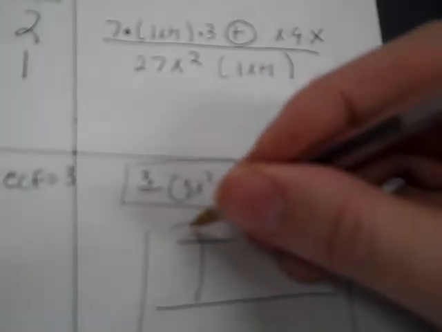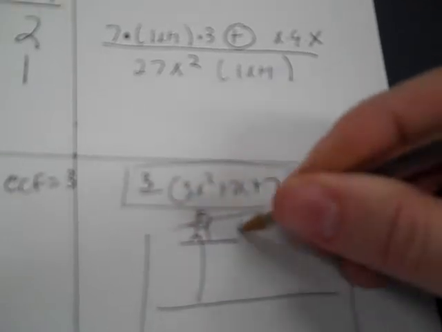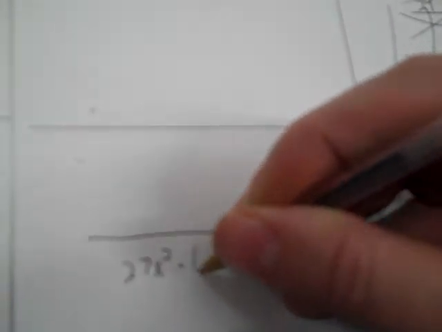Okay. Sum of 7 is impossible, so that's just what we'll have. Okay. So there's your denominator. You had 27x squared times 1x plus 1. And then you have 3 times 3x squared plus 7x plus 7.